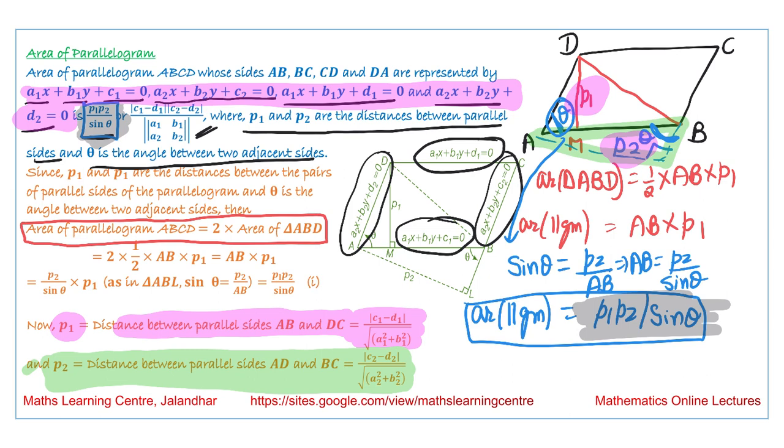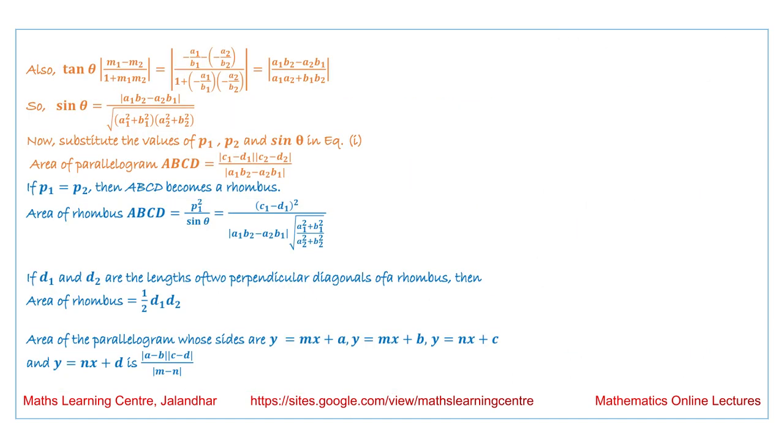So if we substitute these values in this formula, we obtain the final result in this form. We have calculated tan theta. For the angle between the two lines, the formula we know is tan theta is equal to (m1 minus m2) over (1 plus m1 m2).